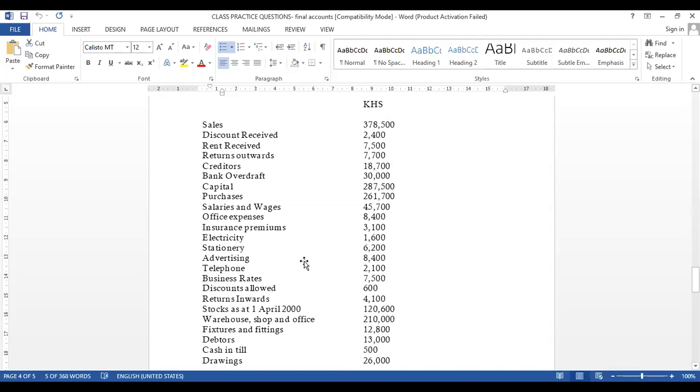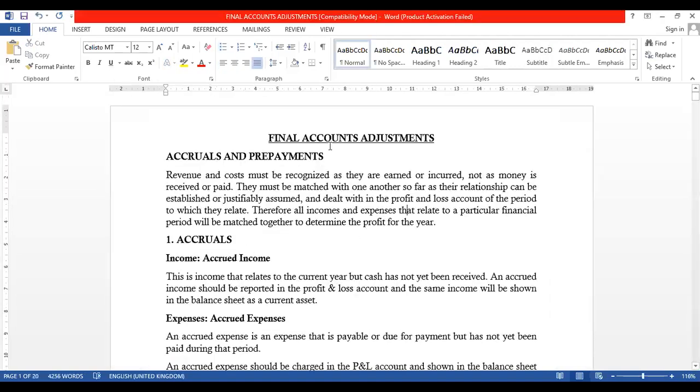And as you prepare the trading profit and loss account, you are supposed to factor in those adjustments. But now to assist us in looking at those adjustments is what I had put here as a final account adjustment.